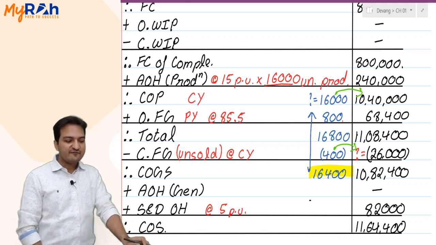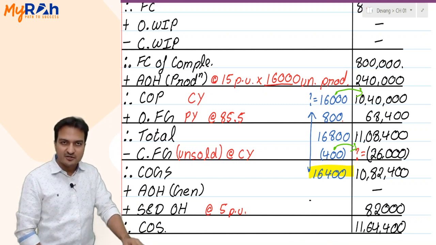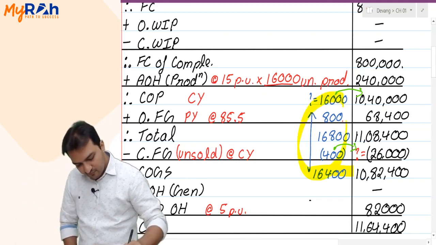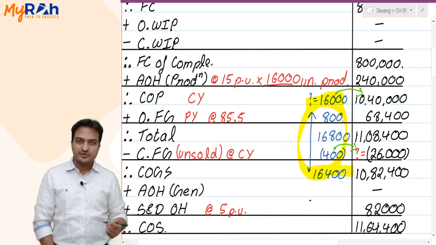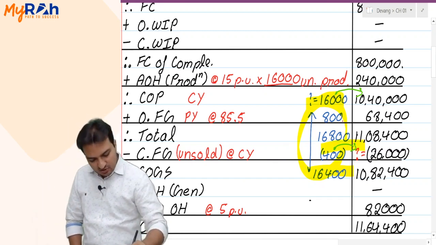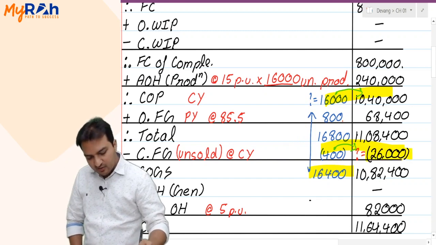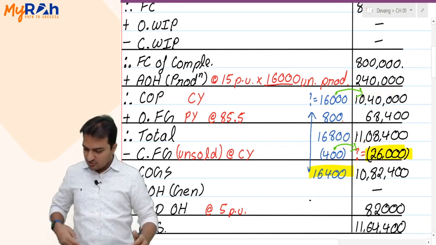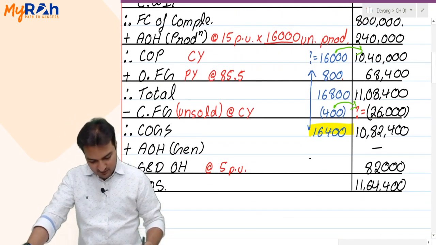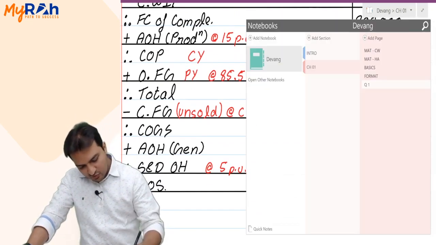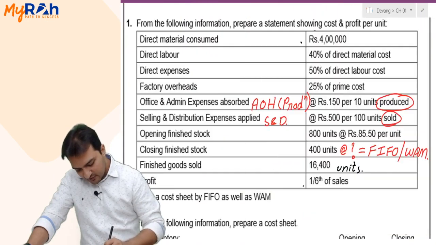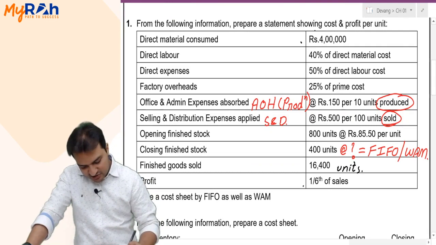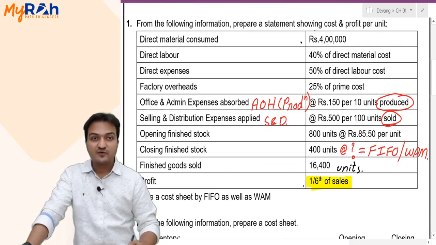So far I have explained two important calculations here. Number one was this reverse working to find the production units, and number two was this cross multiplication to find the closing FG valuation. One more third working we need to do is that in the question you are also given profit details. The question mentions that you need to charge profit of 1/6 of sales.